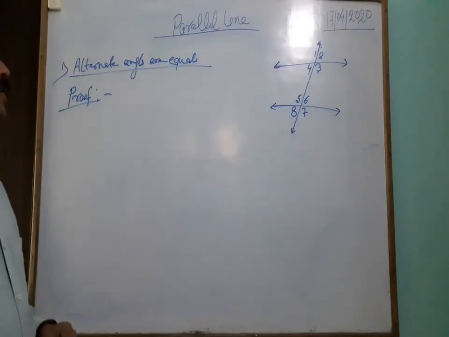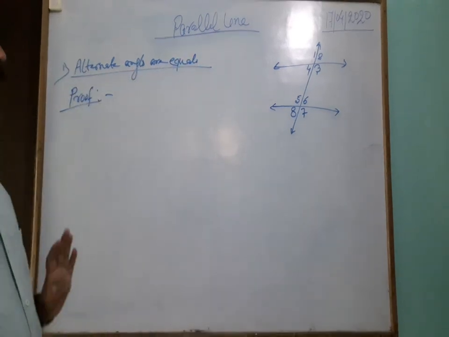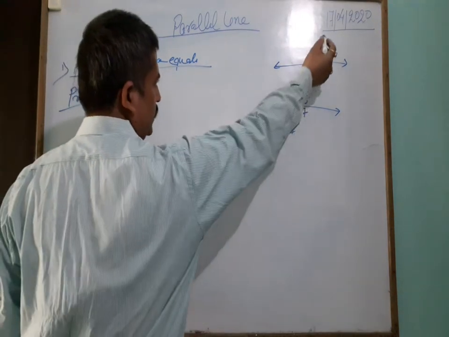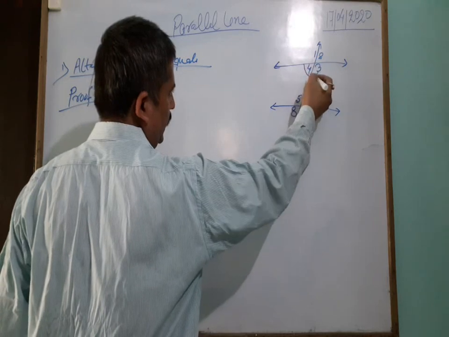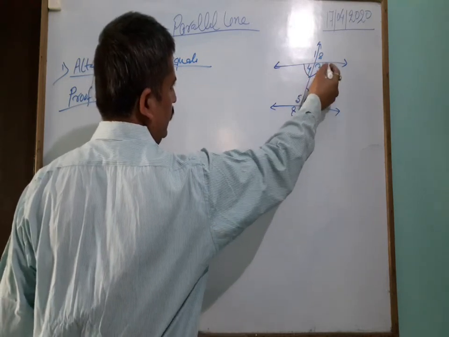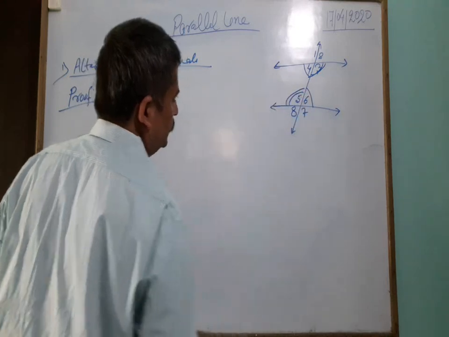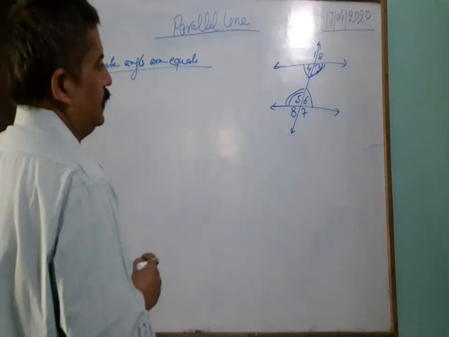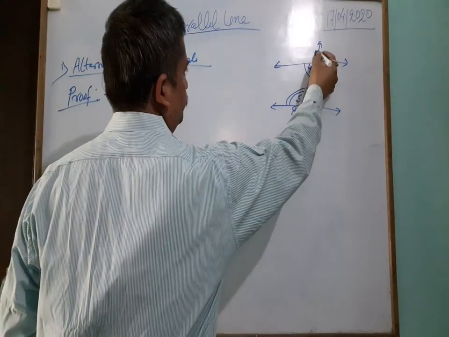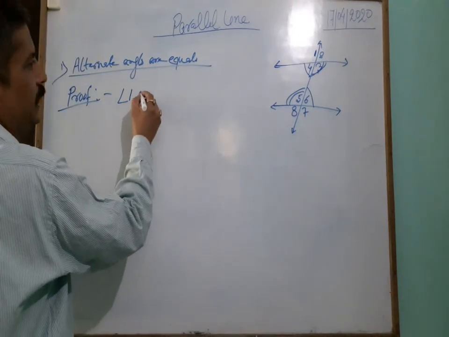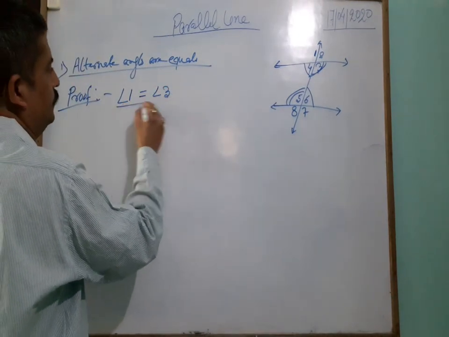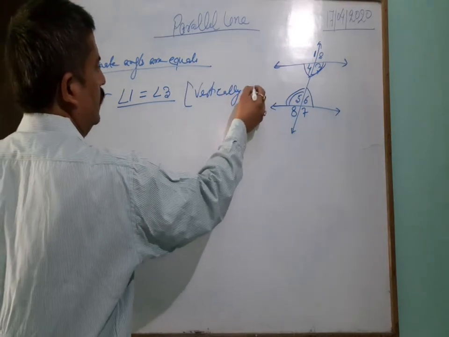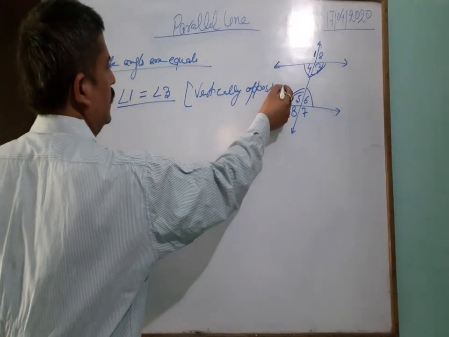So now, let us prove that alternate angles are equal. How to prove? In the figure, two parallel lines are cut by a transversal. How to prove that angle 4 is equal to angle 6, and angle 3 equals angle 5? First of all, angle 1 equals angle 3, vertically opposite angles.